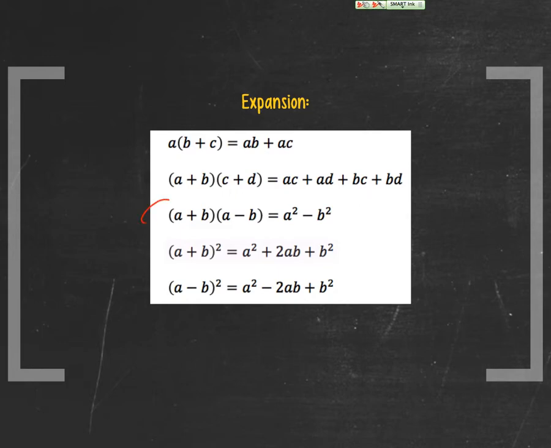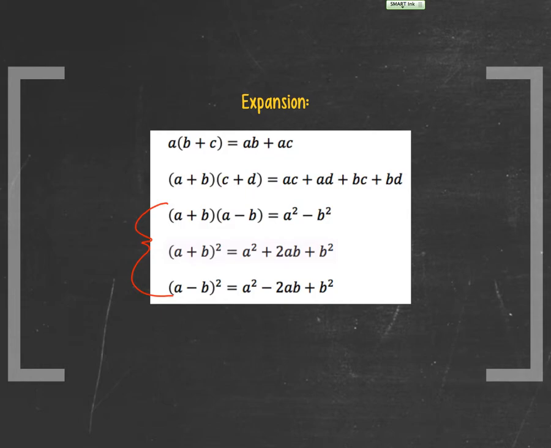And then these three are really just FOILing shortcuts. So you don't necessarily have to use these three because they are just shortcuts to FOILing. If you don't like the shortcuts, you can just FOIL all of them. The first one is just the difference of squares. If we've got two binomials that are almost exactly the same but have different signs, we know that middle term drops out.